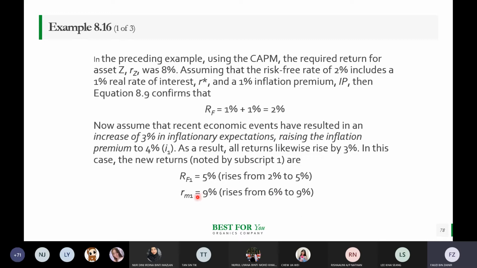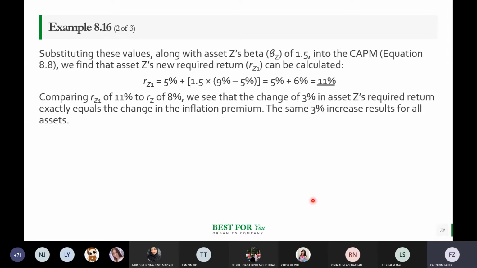So let's look at the market rate. The market rate will also change, increasing by 3%, from 6% to 9%. So let's have a look there, you know what actually happened. Then we look at the return on asset ZAC, substituting these values along with ZAC's beta of 1.5 into the CAPM model.